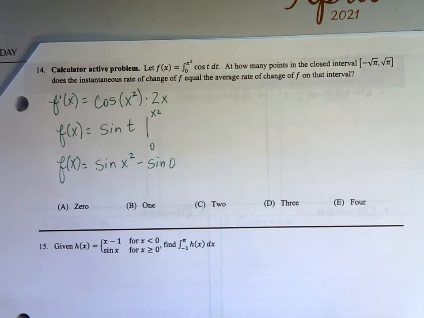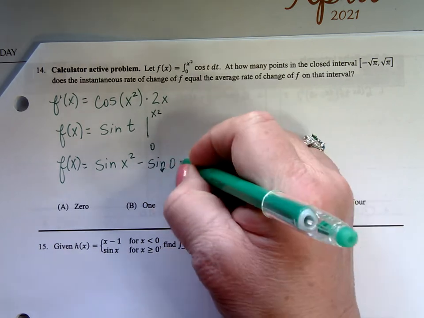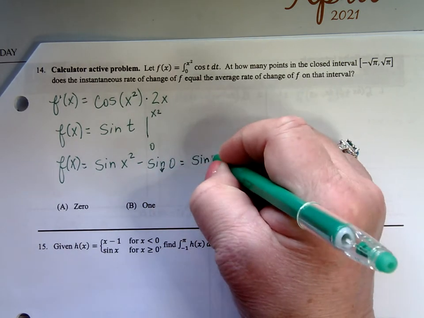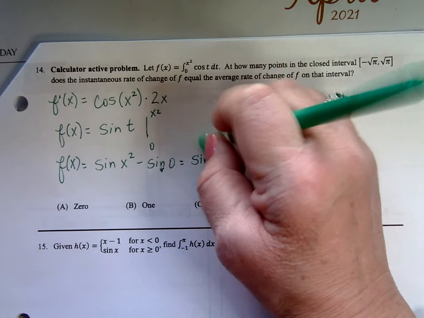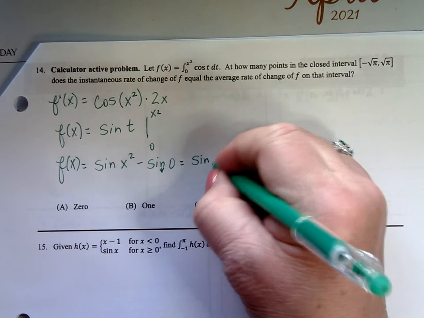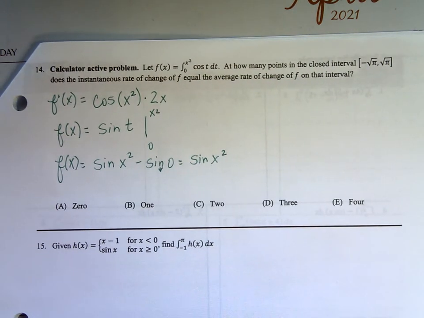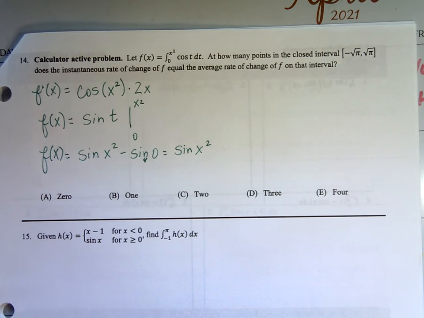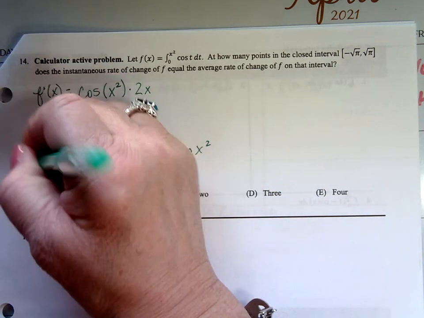And the sine of 0 is 0, so this would just be the sine of x squared. Or sine of x squared, not sine squared x. So that takes care of the instantaneous rate of change. And all this work in here I think you really didn't have to do. But that's all right. It's good to talk about.